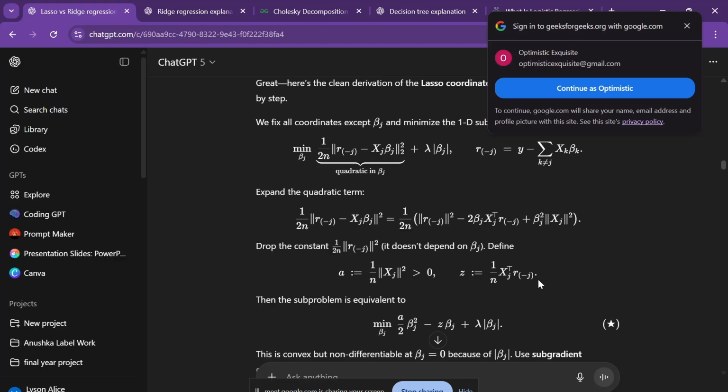So again, this might be a little confusing. So for x1 you have already optimized the set, you have already optimized beta 1, and now you went up to beta 2, you are trying to optimize for beta 2, and you have x2 transpose r minus 2. So let's say you only have two parameters. So r minus 2 is basically when k is not equal to 2, so that basically means y minus x1 beta 1, right?